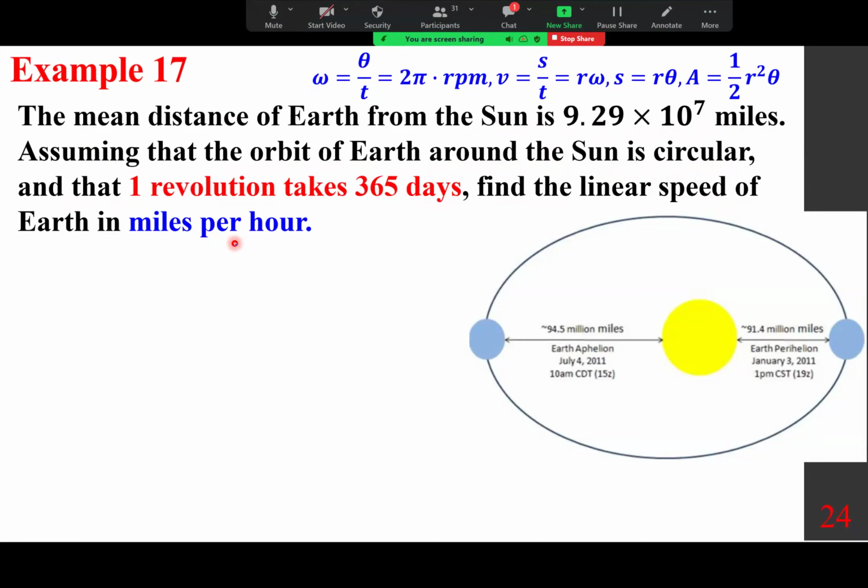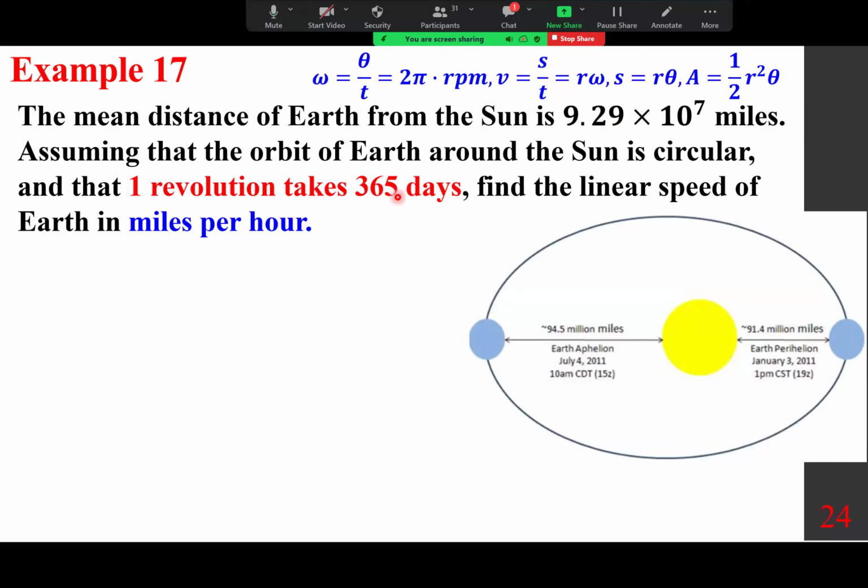So, what is given? We are assuming a circle. You know, the orbit is elliptical, but it's very close to a circle. So this is the radius. One revolution takes 365 days.